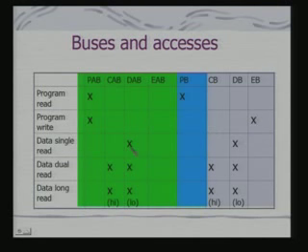Data single read is here the address and here I get the data, and data dual read is where I can provide the address on these 2 buses and I can get data on both these buses. So this is what I am getting, 2 operands on 2 buses simultaneously, and I can also get the data long read. So, there are other bus operations and modes as well.